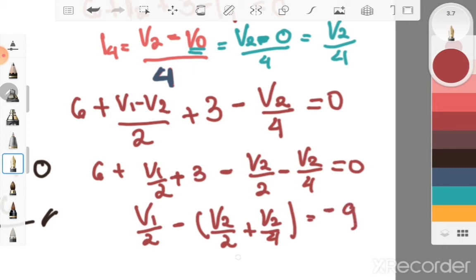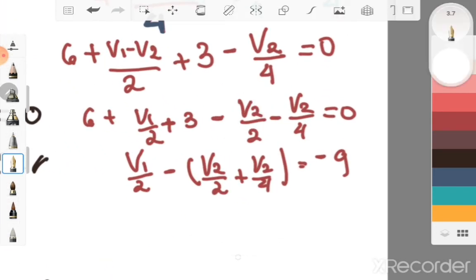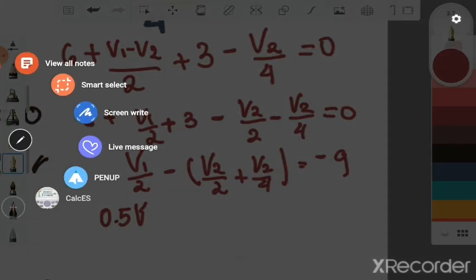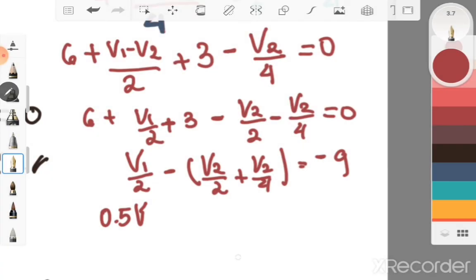Tama? So, we have our V1, ano yung V1 natin? It is equal to 0.5 V1. Right? 0.5 V1 minus your V2, 1/2 plus 1/4.